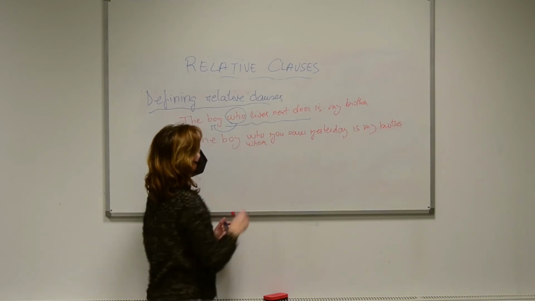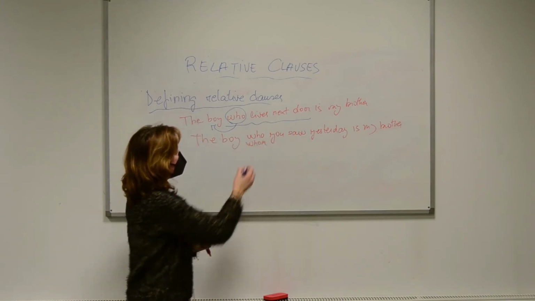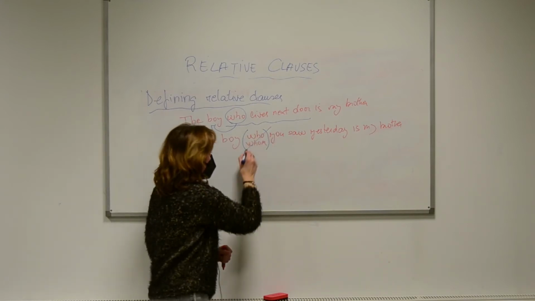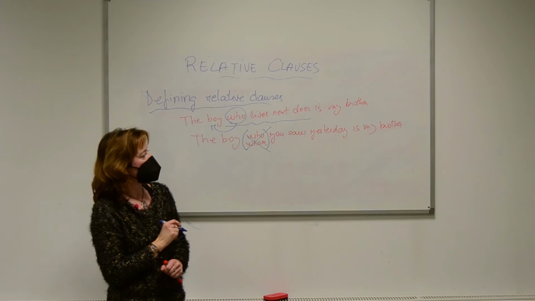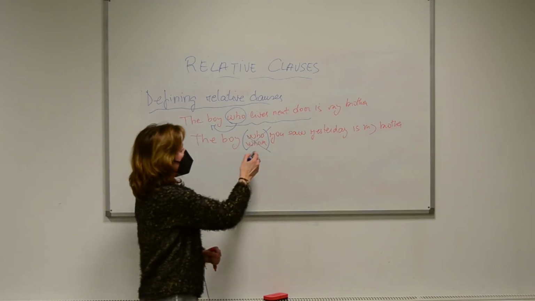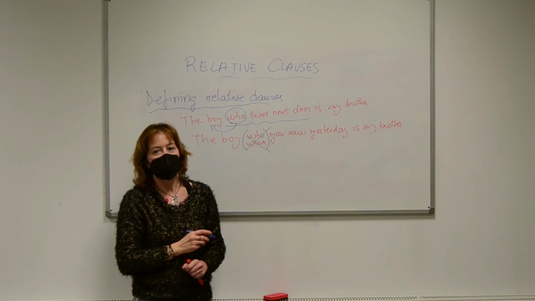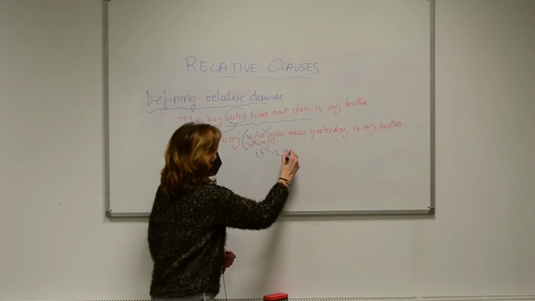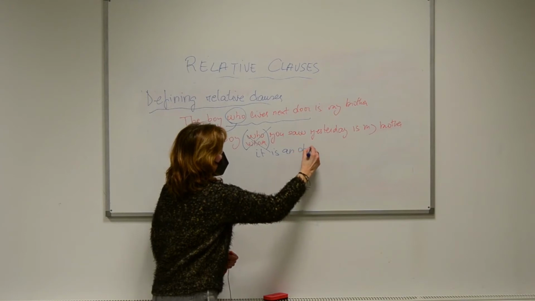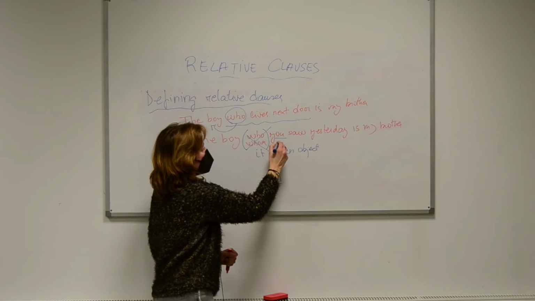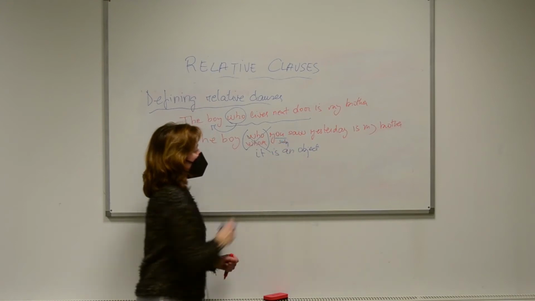In these cases, this relative pronoun can be omitted. We can say, the boy you saw yesterday is my brother. It can be omitted because the relative pronoun can be omitted when it is an object, not the subject of the sentence. Here it's an object, but in the previous example we had the subject.